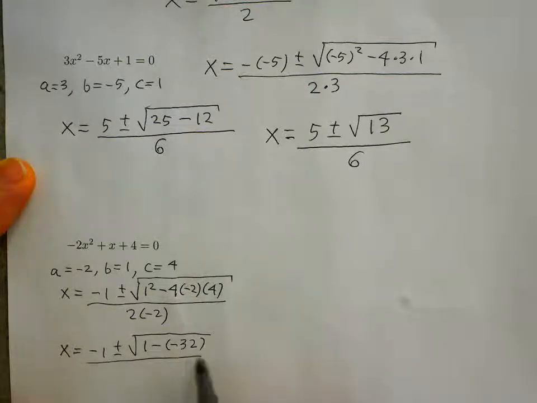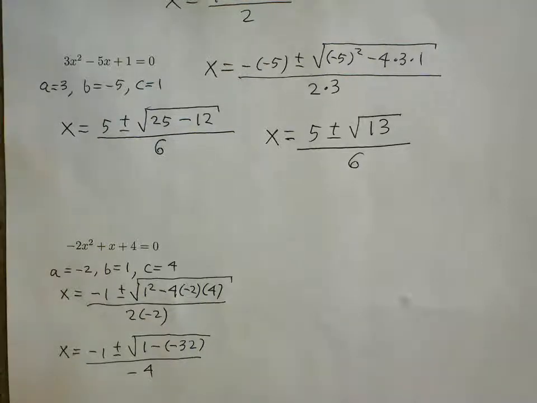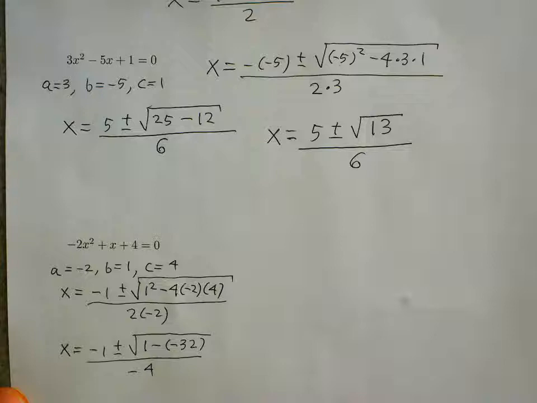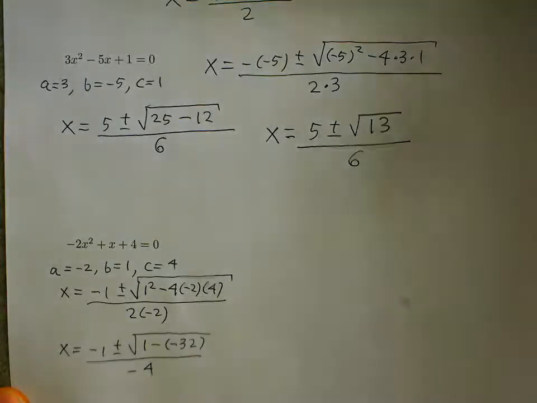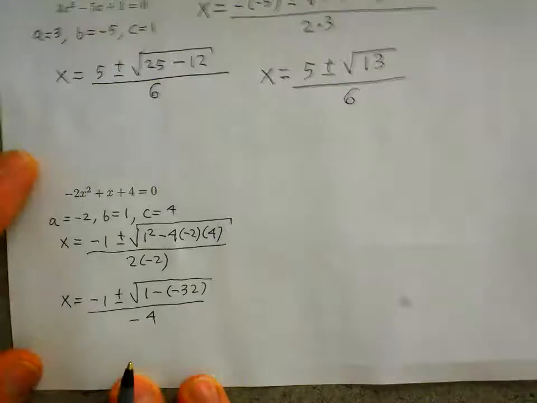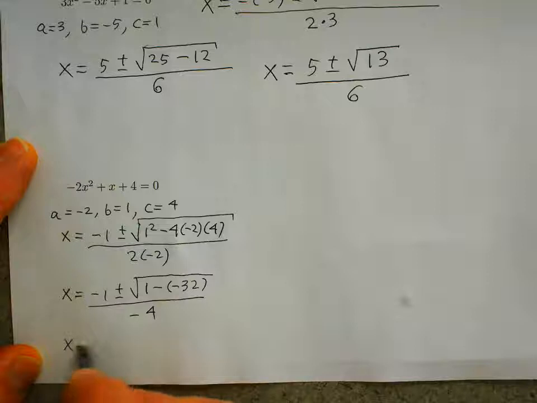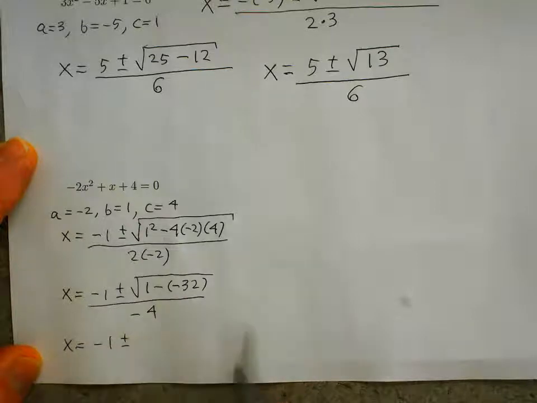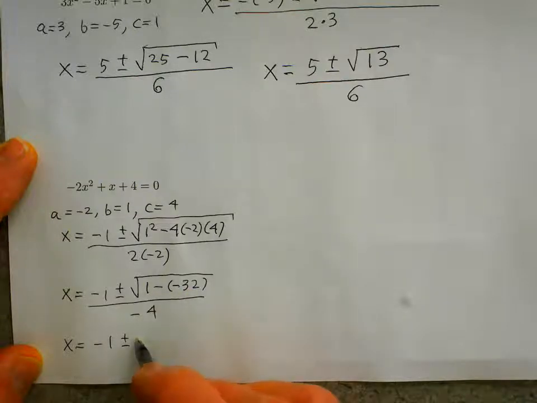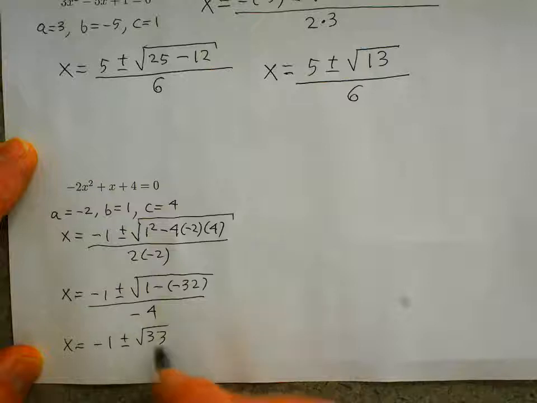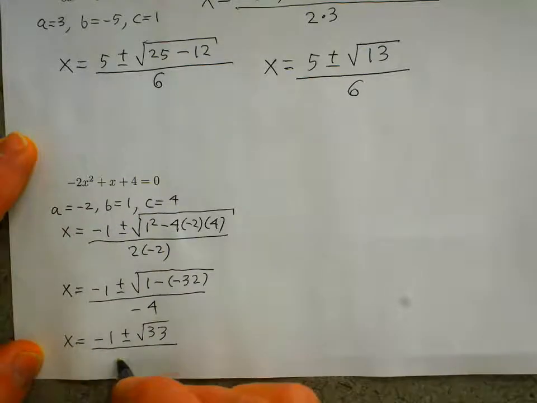And we're dividing by negative 4. Okay, so down here, x equals negative 1 plus and minus the square root of 1 minus negative 32, that's just 1 plus 32, so the square root of 33, and then divided by negative 4.